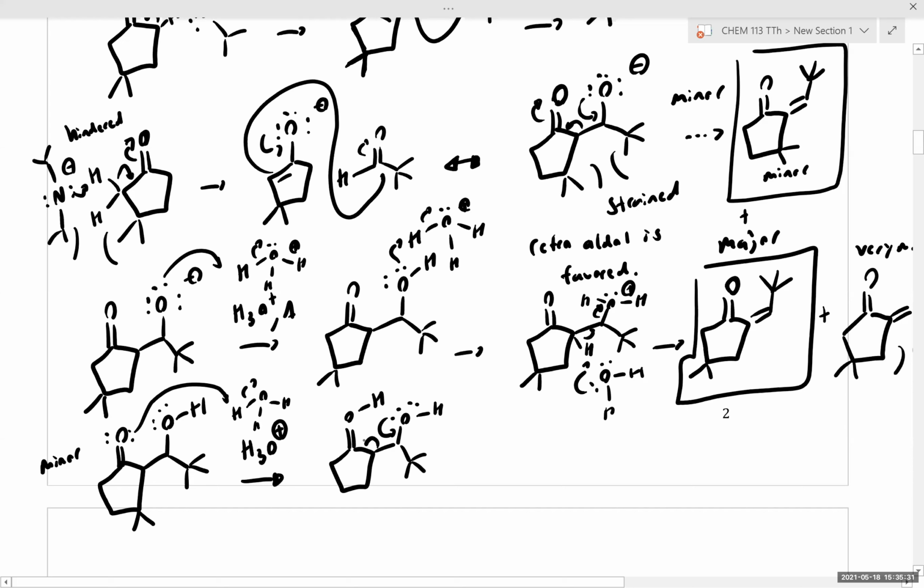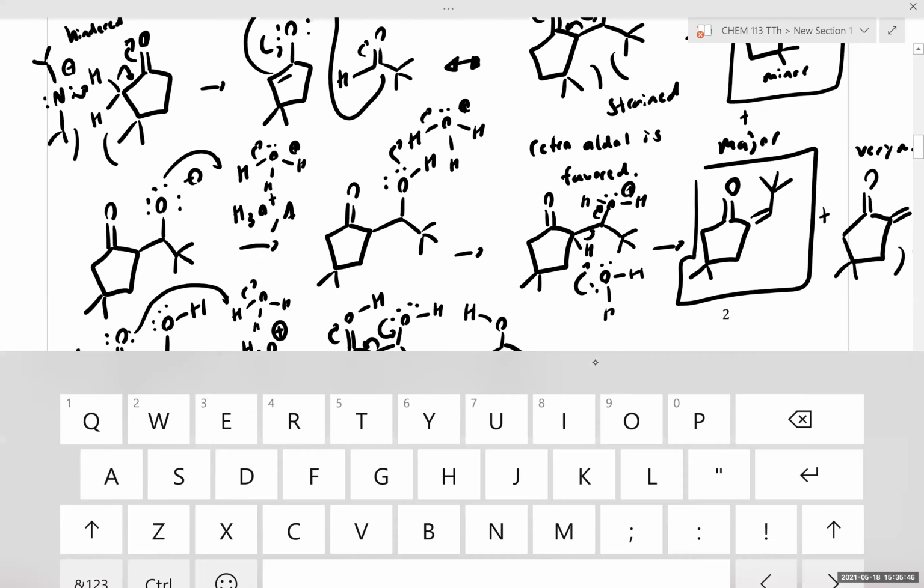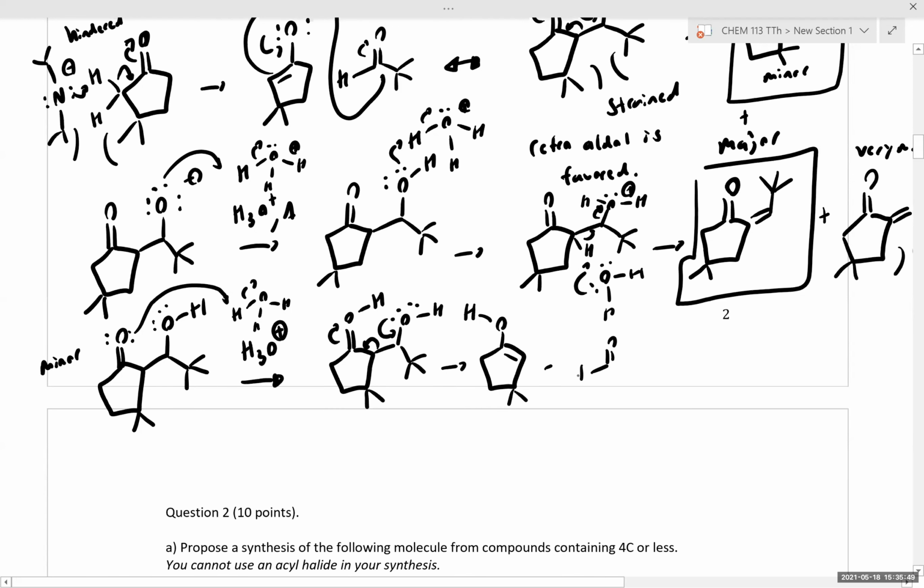From here, then, we can kick out and lose our leaving group and reform our enol. And then from here, now that we've reformed our enol, we can then tautomerize this enol to generate the less hindered enol tautomer.